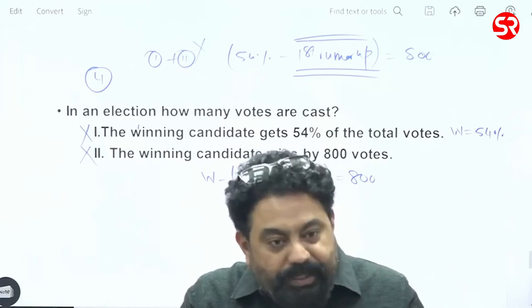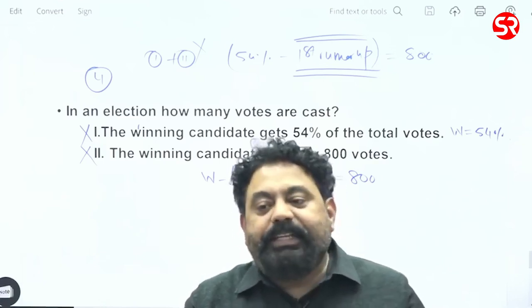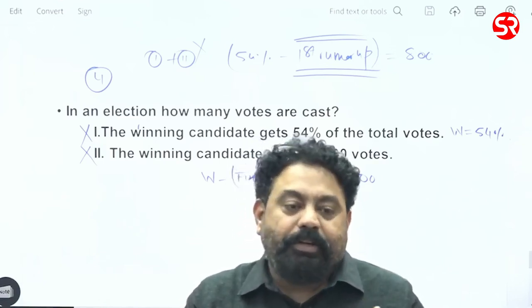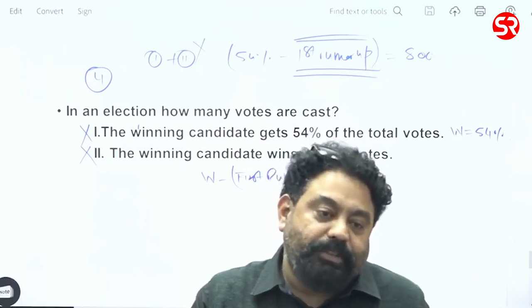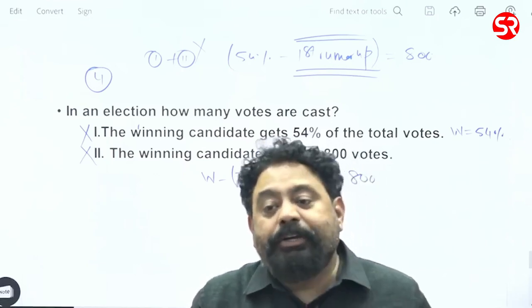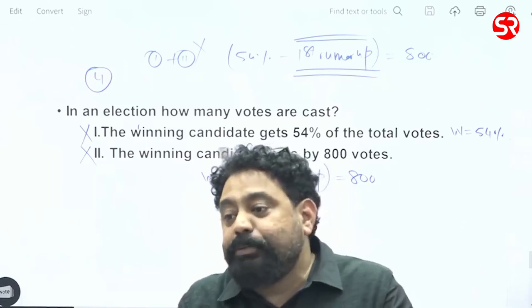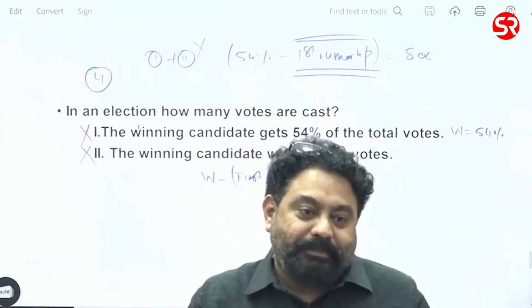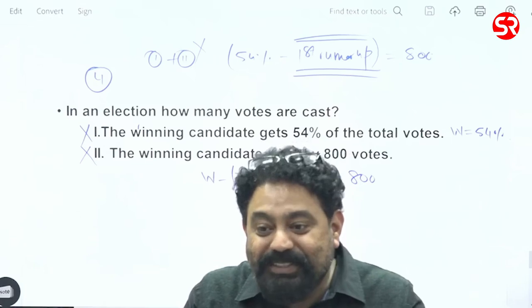There are not only 2 candidates, right? Even if I say the winner got 54% of the votes, you cannot say that the loser got 46% of the votes unless they mention that there are only 2 candidates in the election. See the depth of the questions.